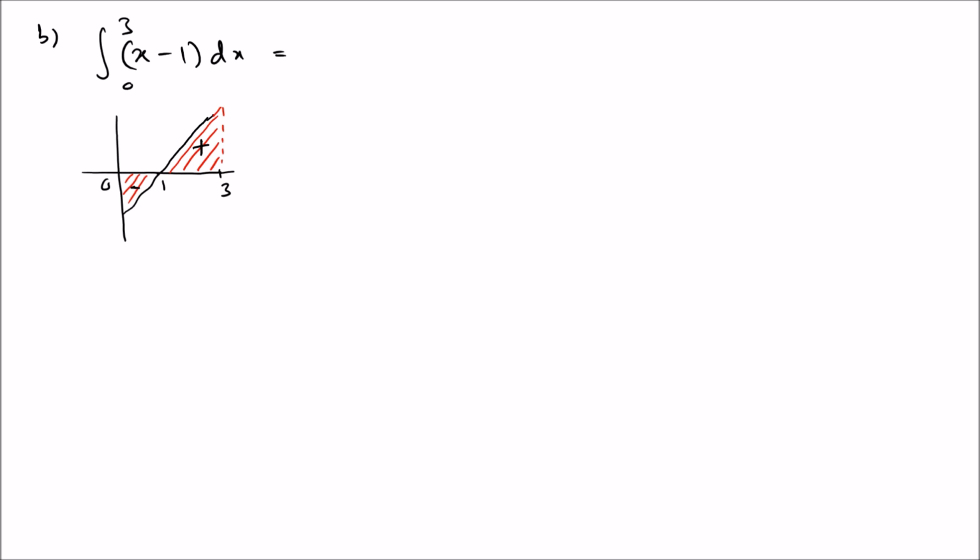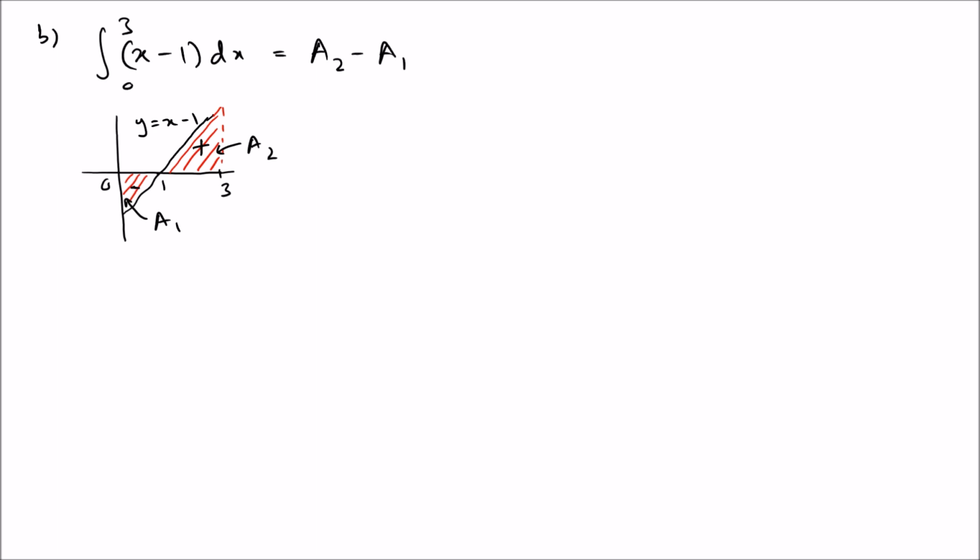This line is y equals x minus 1, and if you call this area a1 and that area a2, we know the integral represents the area below the curve and above the x-axis. So in this case it is simply the positive area minus the negative area, a2 minus a1.